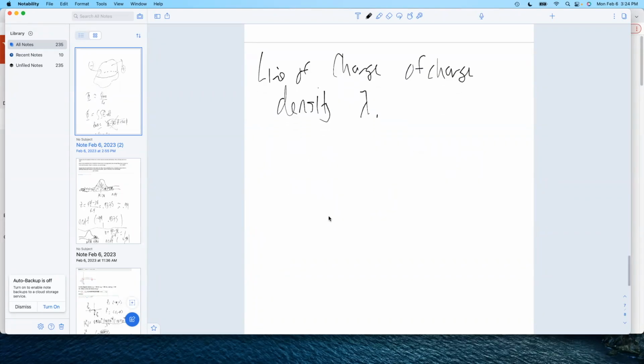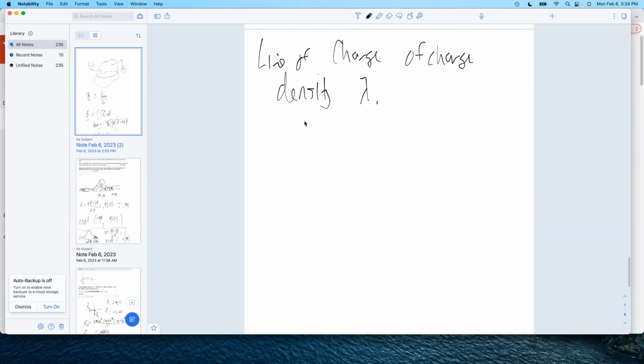So I've got some infinite line of charge here, and it has some linear charge density that's in coulombs per meter. So every meter, this has lambda coulombs of charge on it. I want to find E, the electric field, a distance r away.